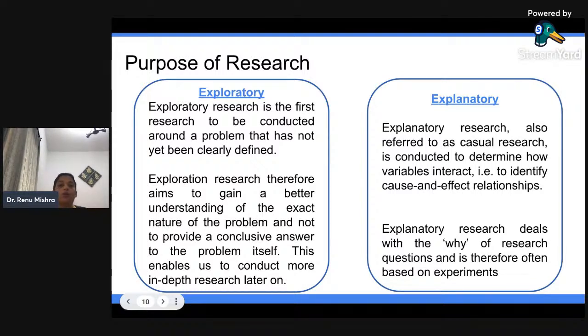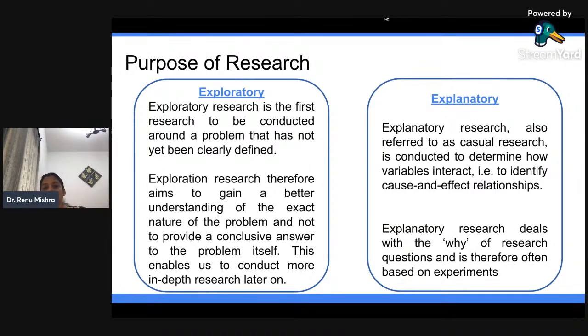Now, with gradual progress in exploratory research, you start developing understanding about that problem. What is this problem about? What is the nature of the problem? What is the root cause of the problem? So you are trying to explore more and more about that particular problem in hand.